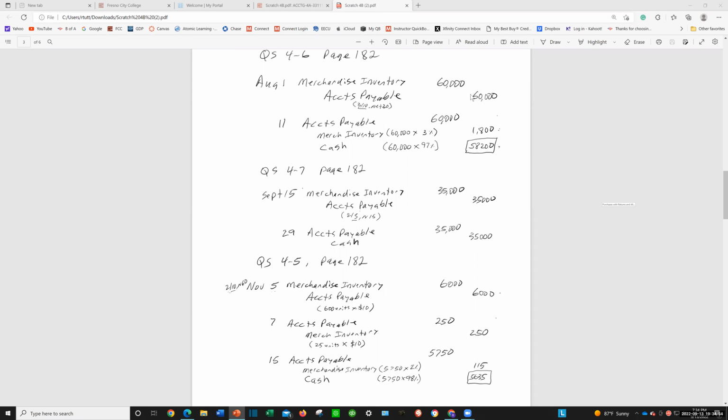Now let's keep in mind that if we want our 3% discount, we have to pay within 10 days. Well, what's 10 days from August 1? 1 plus 10 is 11. So we have to pay by August 11. And guess what? We did. So we get to take the discount.